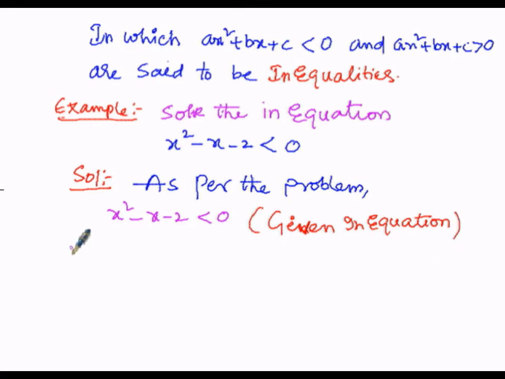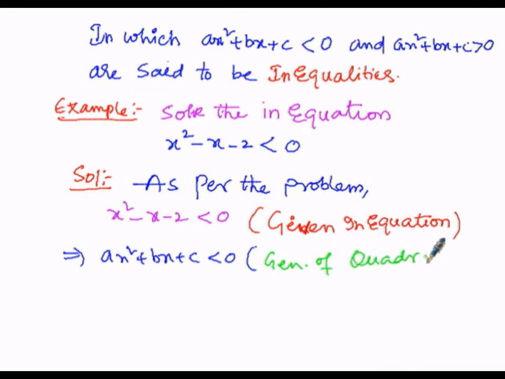So that implies ax square plus bx plus c less than 0 is the general form of a quadratic inequality. Now we have to solve this inequality for x.